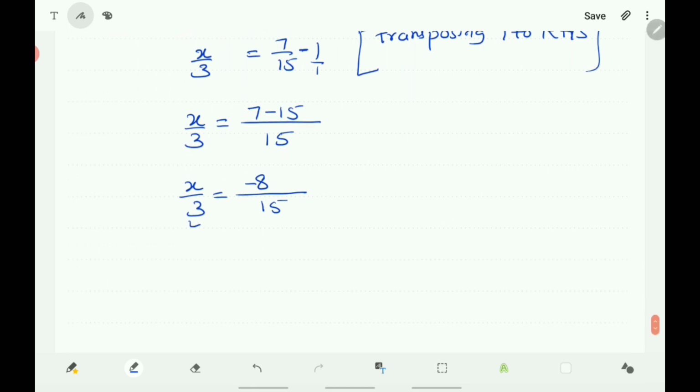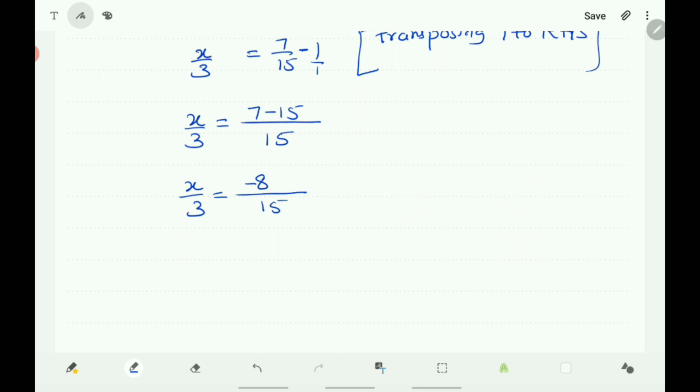Next here this 3 is to be cancelled. How can you cancel? 3 in the denominator, the reciprocal of 1 by 3 is 3. So you must multiply both sides by 3. So x by 3 into 3 becomes x, and minus 8 by 15 into 3.